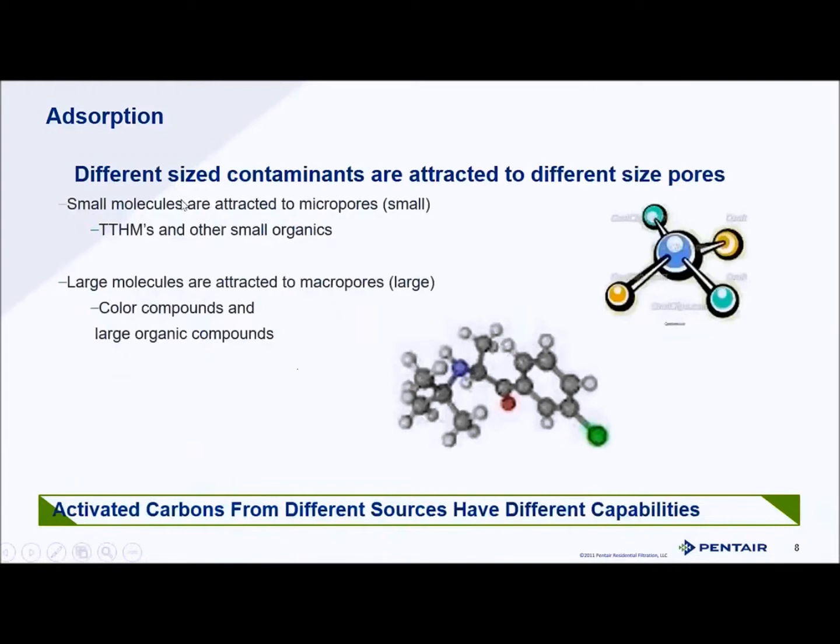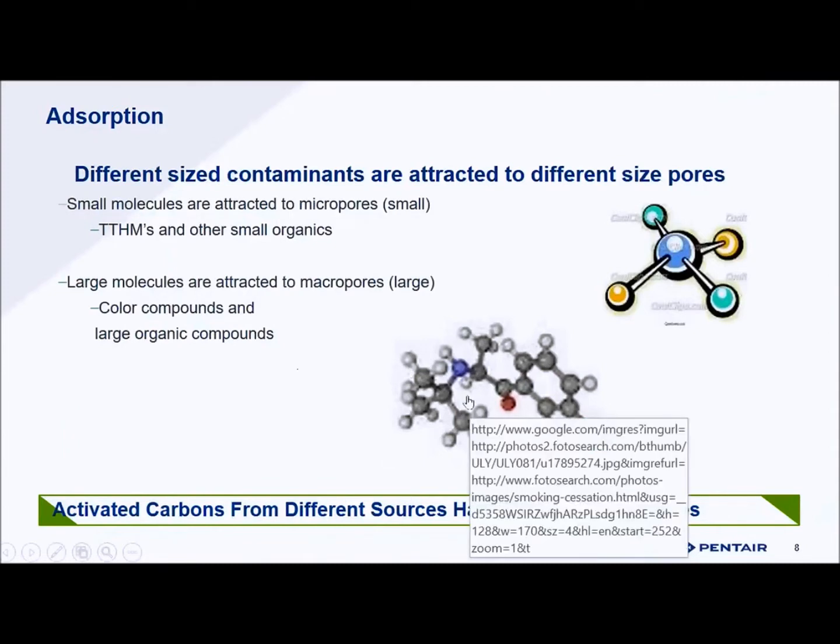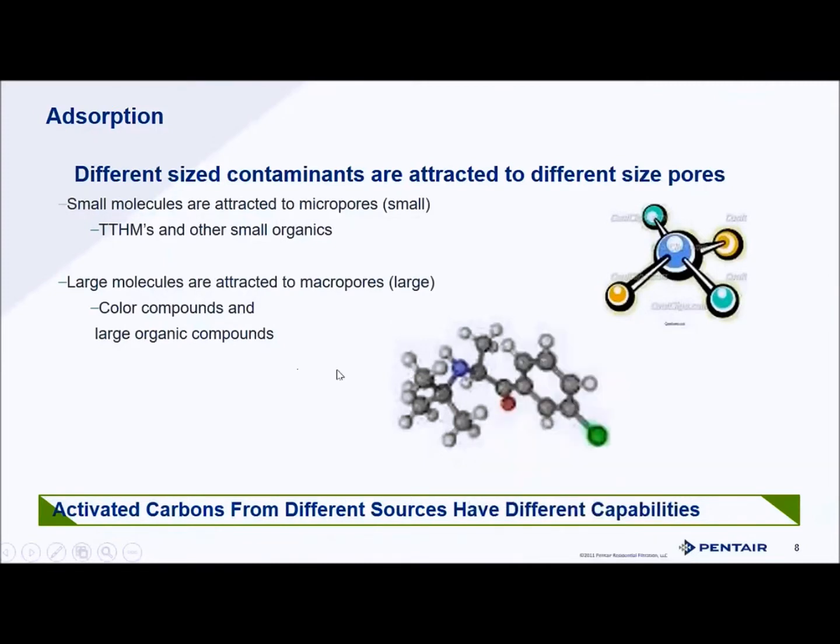Small molecules that are attracted to the micropores are trihalomethanes, methane, ethane, other small organics, small oils. Larger molecules, your petrochemicals and pharmaceuticals, will fall into this category. Even though the product may not be certified to remove pharmaceuticals, activated carbon of the right sort will still do the job.